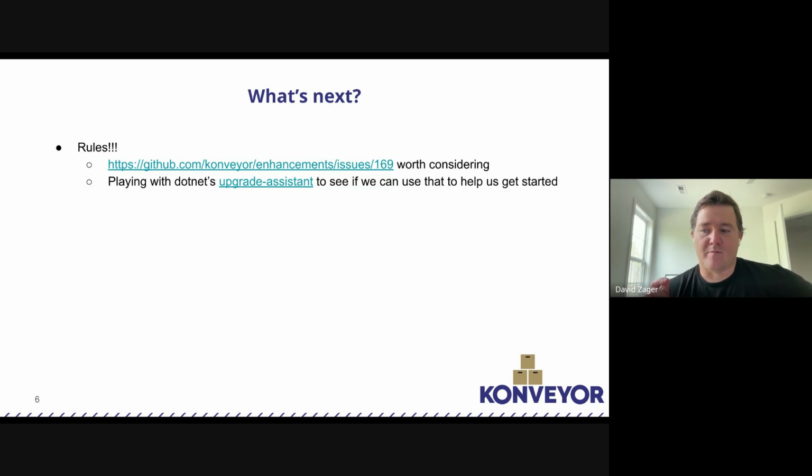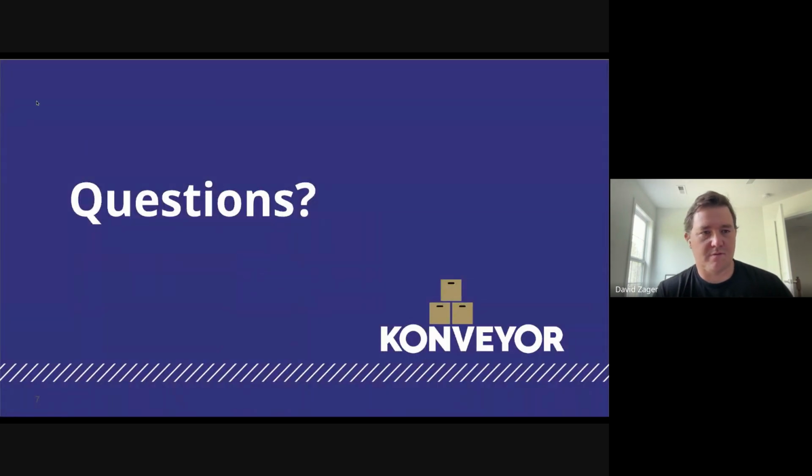And the plan is to do this using Nerd Dinner, to see if we can successfully migrate from .NET Framework all the way up to .NET 8, have a base rule set so we have an idea of what's going on, and find any issues with our provider, the .NET external provider, how you actually write those rules and what they'll look like. Any questions?